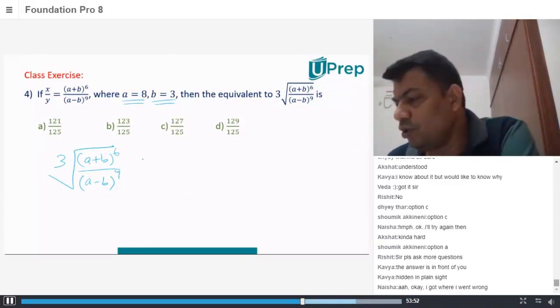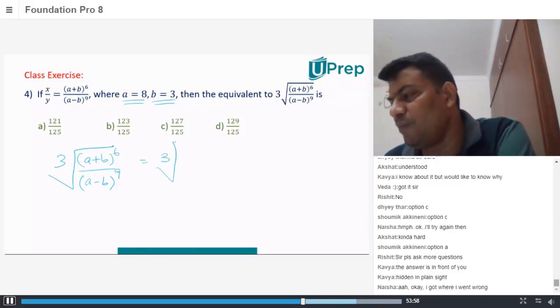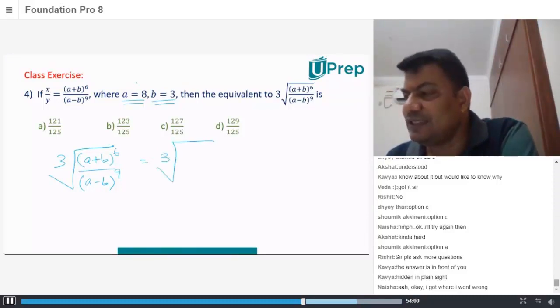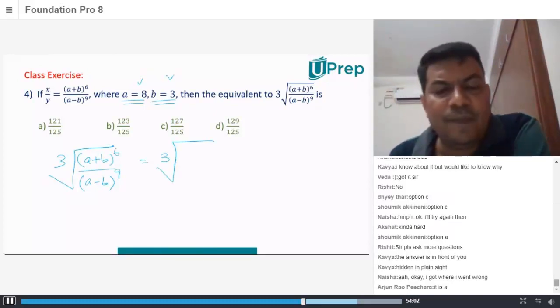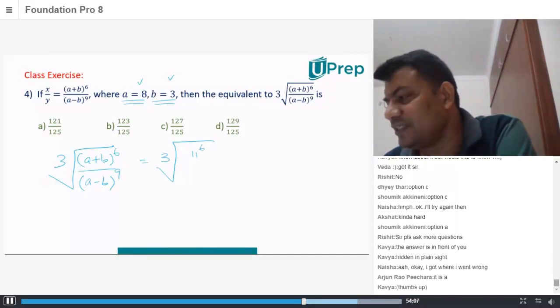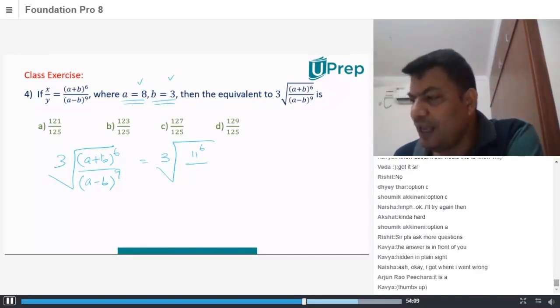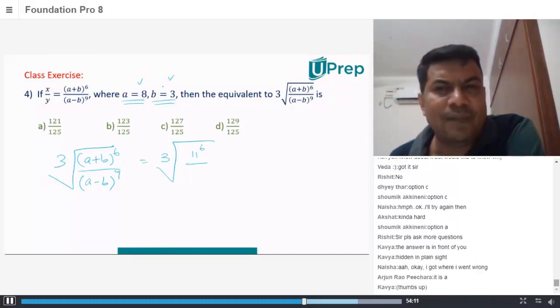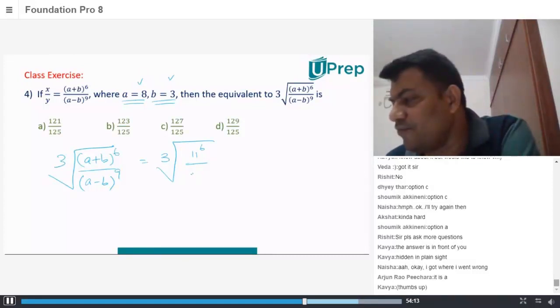Okay. So this can be written as cube root of, I'll just keep that step live for a moment, a plus b, your a is 8, b is 3, 8 plus 3 is 11. It's 11 to the power of 6 divided by a minus b, 8 minus 3 is 5, 5 to the power of 9.